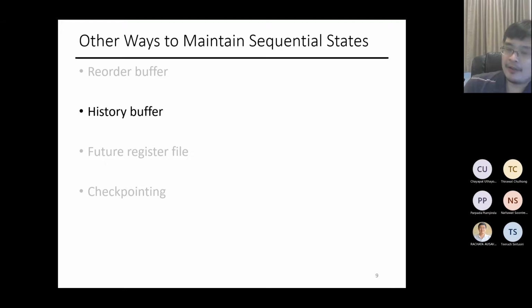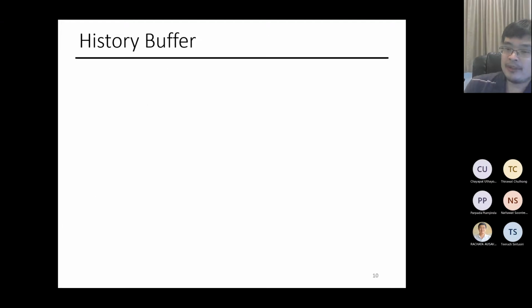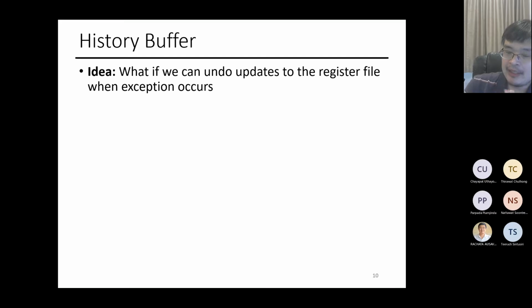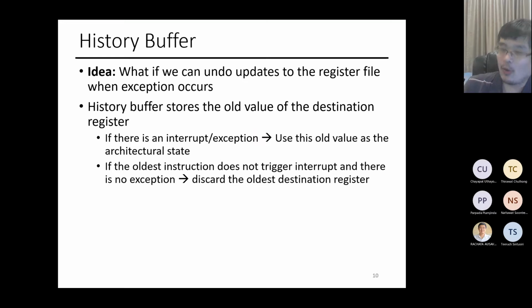So from the problem of precise exception, you can implement the history buffer on top of this. The history buffer allows you to undo. For example, in the earlier example you see R3 getting updated way too far. The history buffer would store the old value of the register, so that when you have interrupts, you have the old value. That's it.